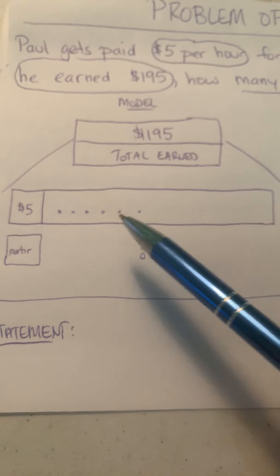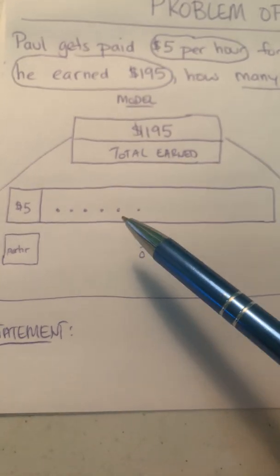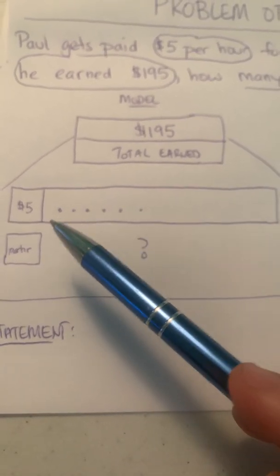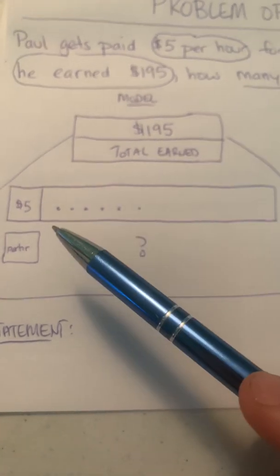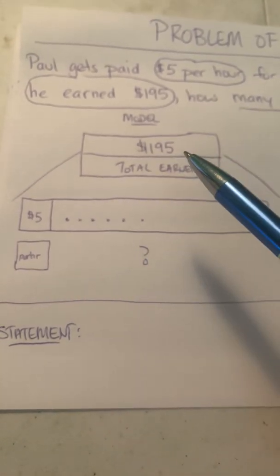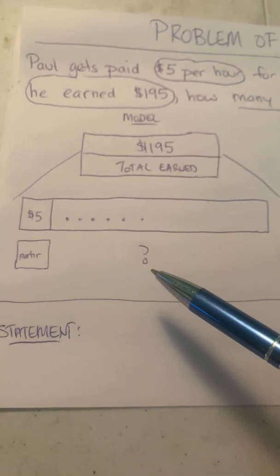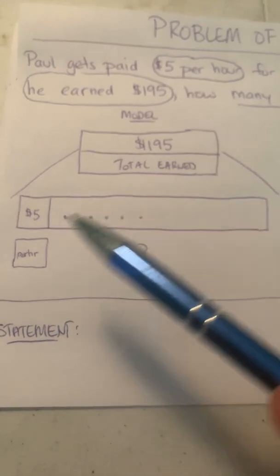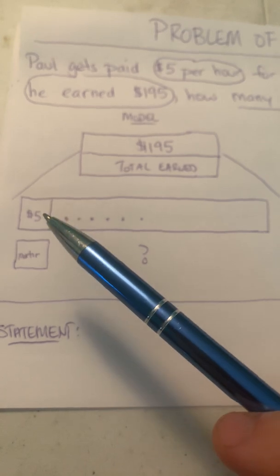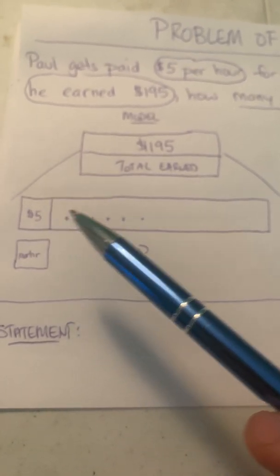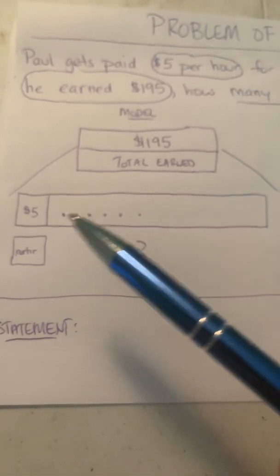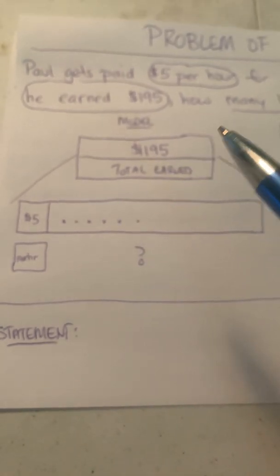Then I have dots. These dots represent how many times I'm going to divide that tape diagram by 5s until I get to 195. And that's obviously per hour. So that's our question that we have to answer: how many of these $5 will fit in this tape diagram to get to 195.